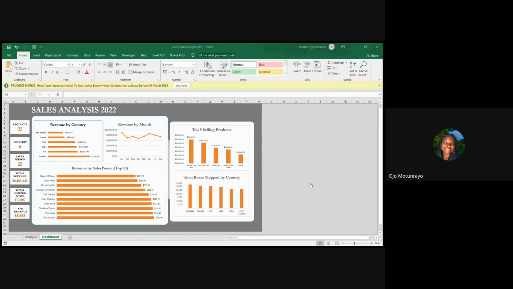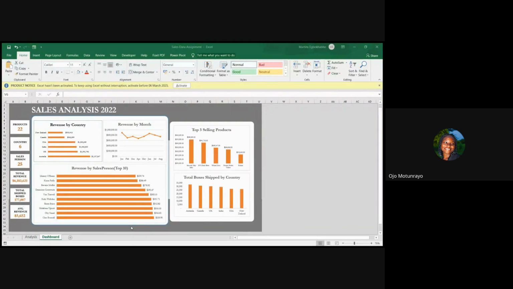Okay. All right. So Olorunfemi, I love your dashboard. I love your placement of charts. I love your color combinations. Your revenue by month is very correct, your January, February.